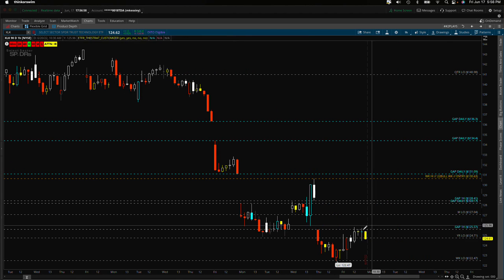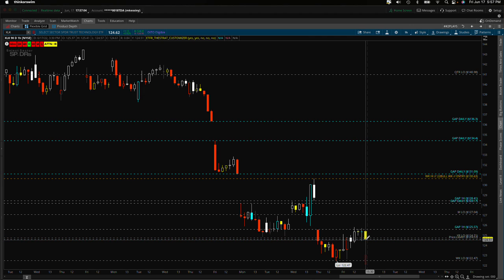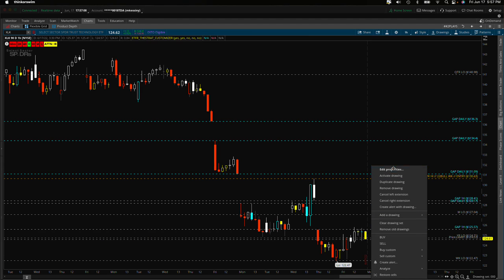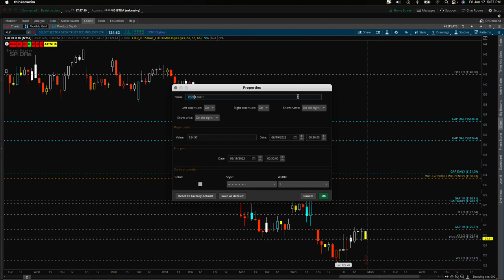Have an inside bar on the hourly, so we can say below 124.52 will be a 312 bear.